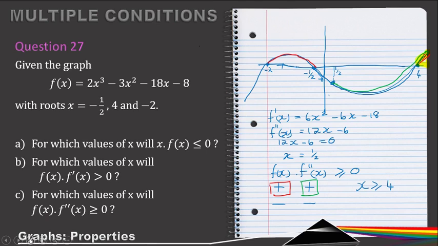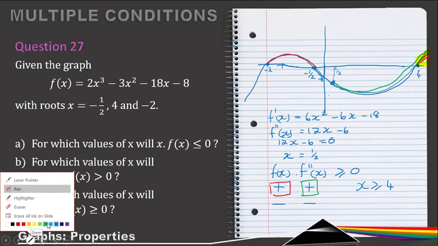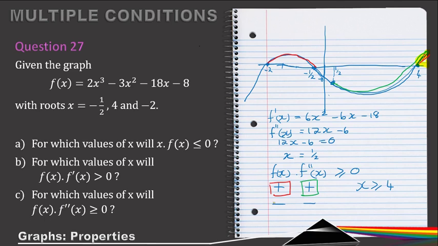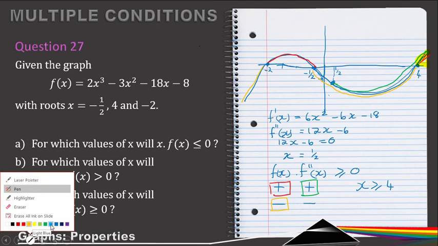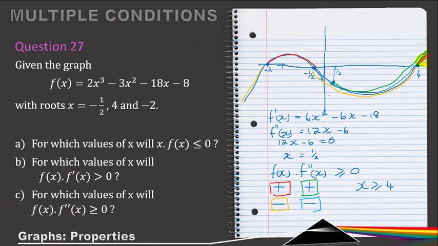Now for the next set, where is my graph negative? It's negative over here, and it's negative for all these values. Remember, just your negative y values. And then where is the graph concave down? It's the first half of the graph up until my point of inflection. To highlight which values apply to both, here we have our graph being negative and concave down.